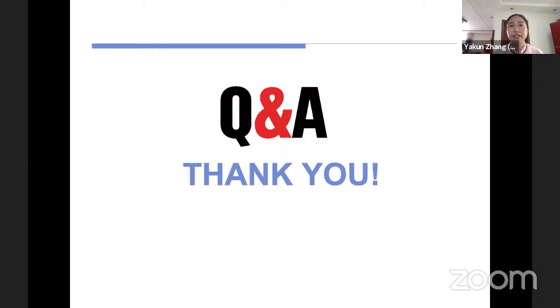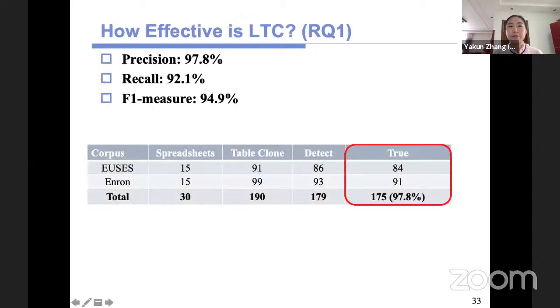The first evaluation is to detect whether our approach is effective, and the performance is measured by precision and recall, because our goal is to automatically identify table clones. We focus on how many real-world table clones can be detected by our tool, and how many real-world table clones cannot be detected by our tool.